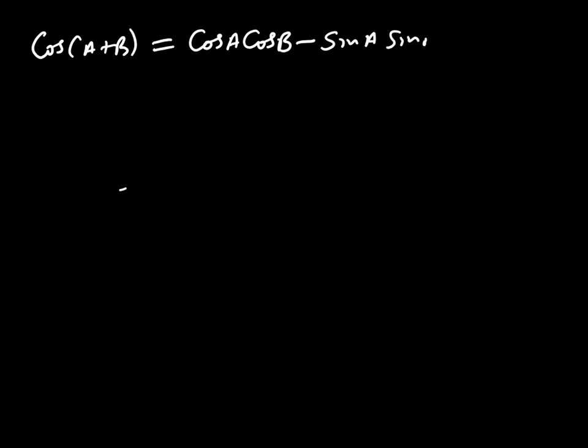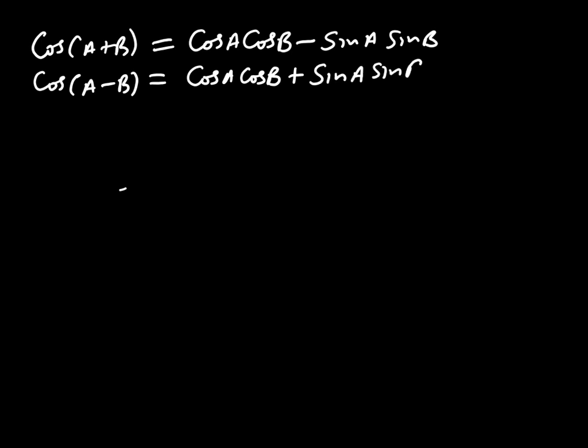What about cosine? If you have a cosine of angle A plus B, you remember this is cosine of A cosine of B minus sine of A sine of B. So cosine of A minus B also gives us cos A cos B, but it is a plus sine A sine B. So go ahead and do the addition.